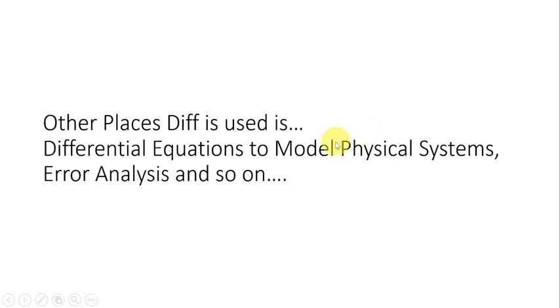That is a second order linear differential equation. Another place where differentiation is used is in studying error analysis. To be very frank with you, I expect all physics students to have some idea about error analysis by the time they finish the 3-year BSc program.